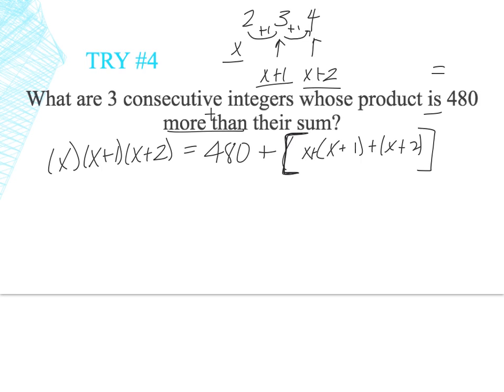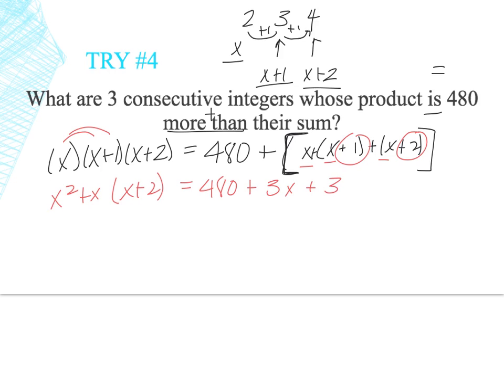So let's go ahead and distribute. If I distribute the x, that becomes x squared plus x times x plus 2 equal to 480. Combine all the x's, so x and x is 3x, and 1 and 2 will give you 3. Okay, I'm going to do the box up top for my binomial, so that's x squared and x.